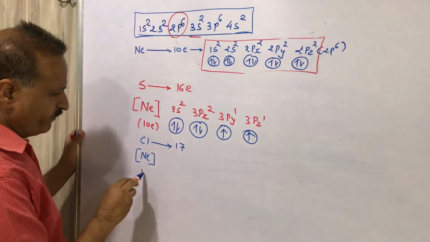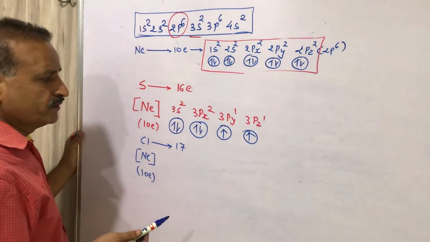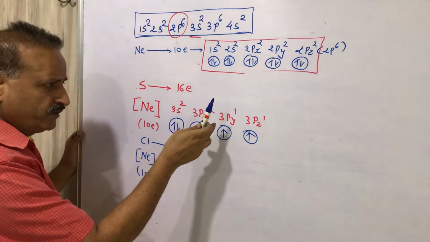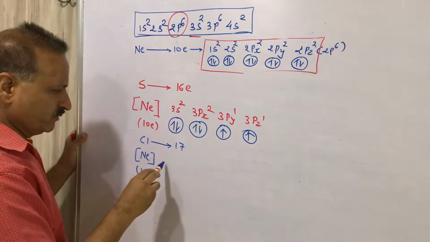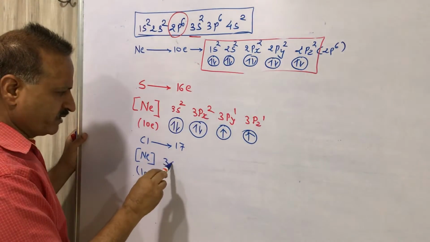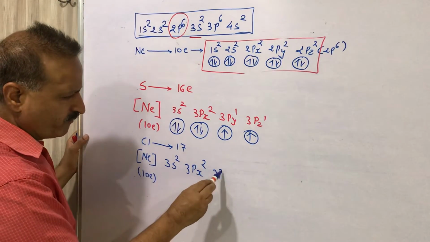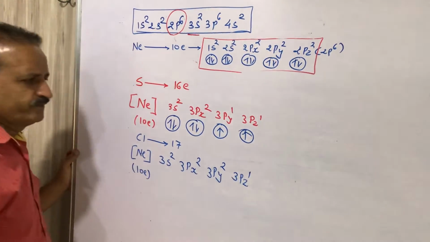Now for chlorine having 17 electrons, we are writing neon over here. It means we have filled 10 electrons. Now the remaining 7 electrons. Now the turn will come for 3py, so 3py will have 2 electrons. So the electronic configuration will be 3s2, 3px2, 3py2 and 3pz1.